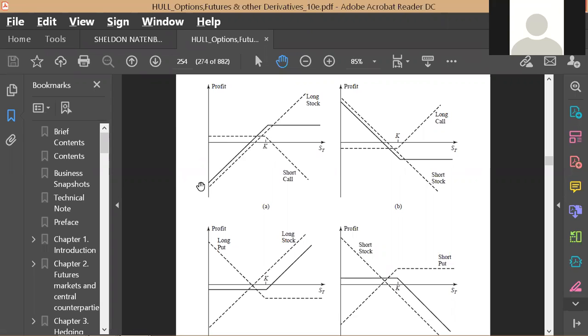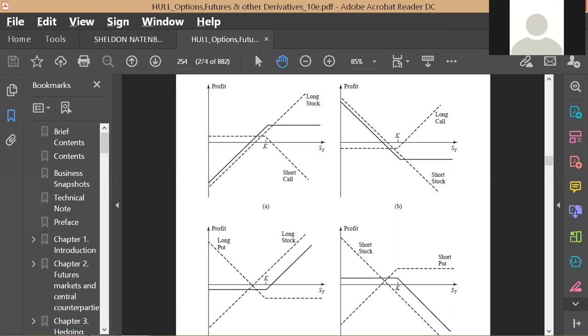The profit profile will keep on going down because you are short this option, whose value is increasing proportionately as the market price keeps dropping below the strike. So the short put profile looks like this. First be clear about that.